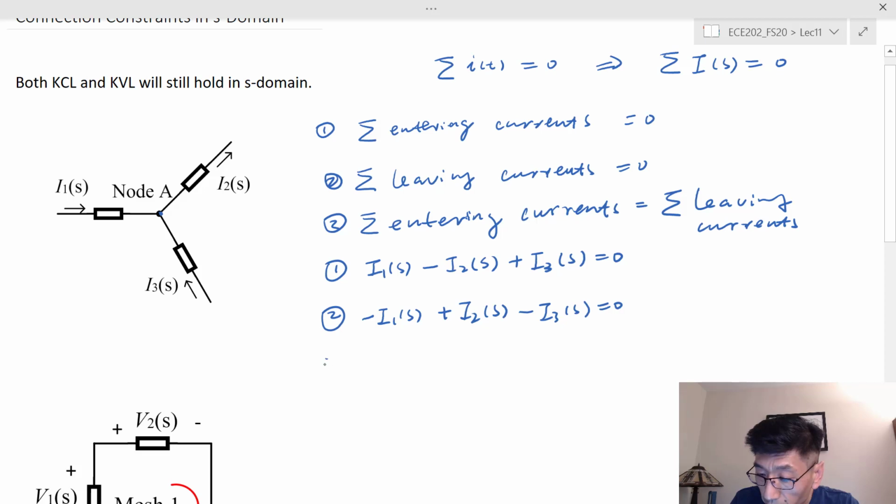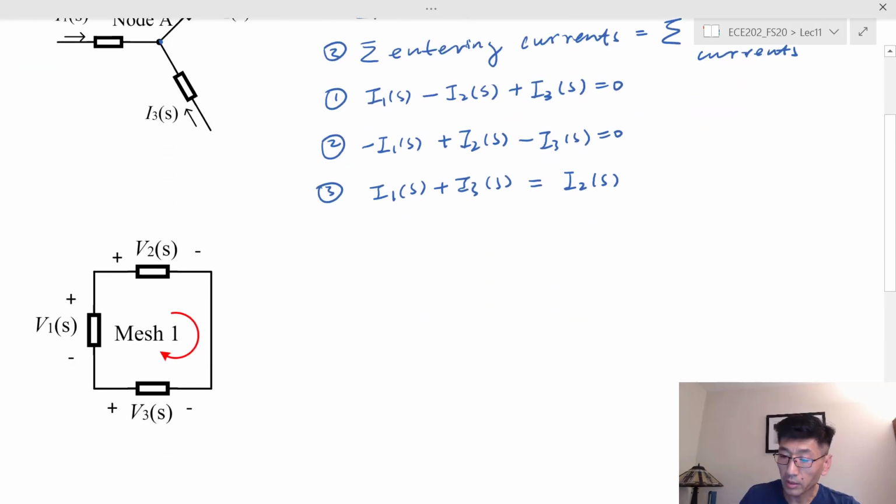Right? If we use the third one here, entering currents, here I have I1 and I3, and that should be equal to leaving currents, which is only one current, I sub 2, right? So these are the three different ways of writing the KCL.